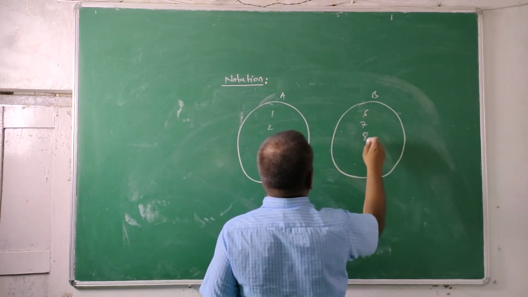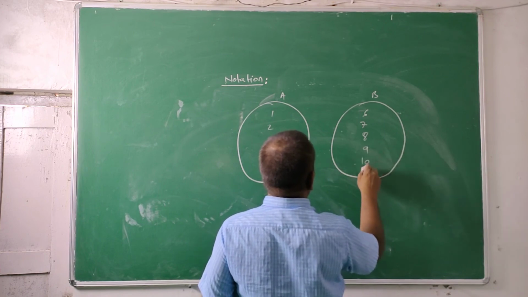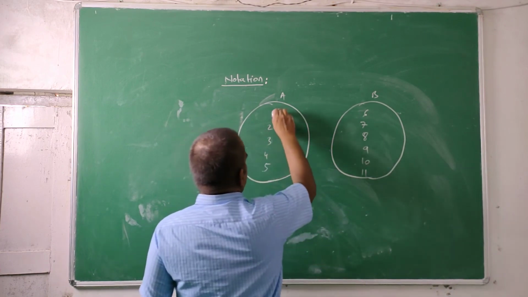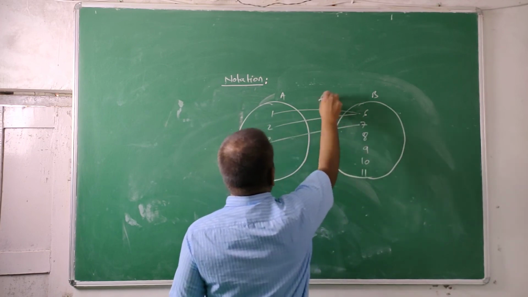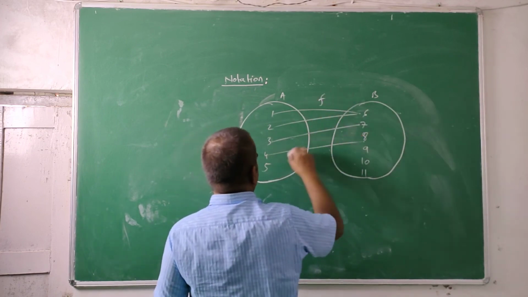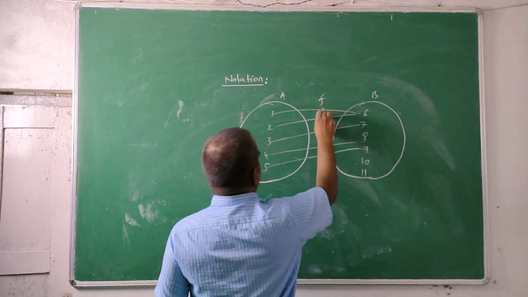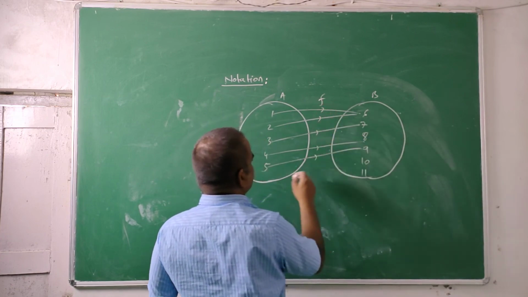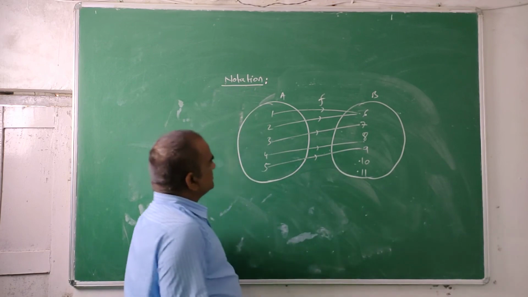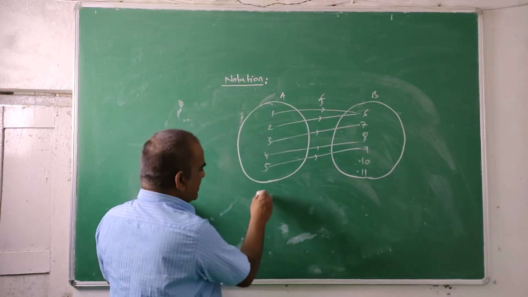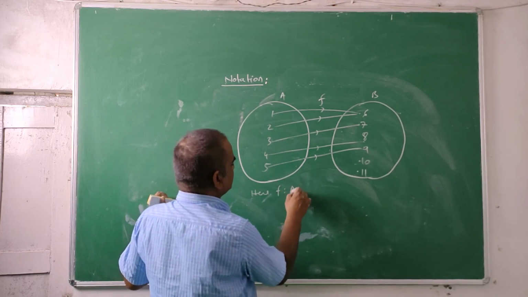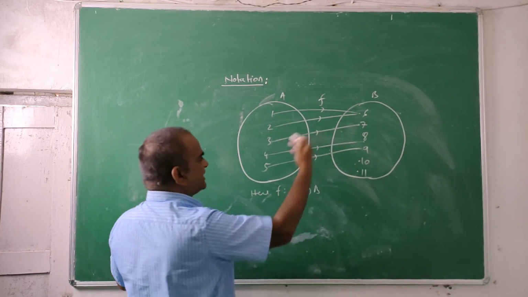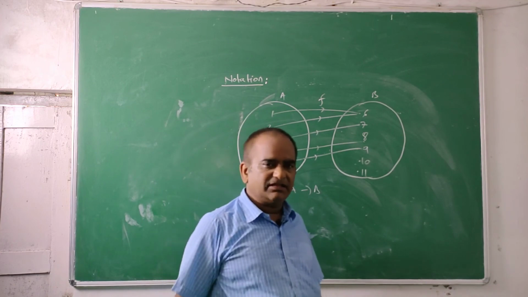Just an example only. So here I am taking a function f from A to B. It's a function. Now let us write domain, codomain and range. So here f maps A to B, obviously, because the two conditions are satisfied, you can see.